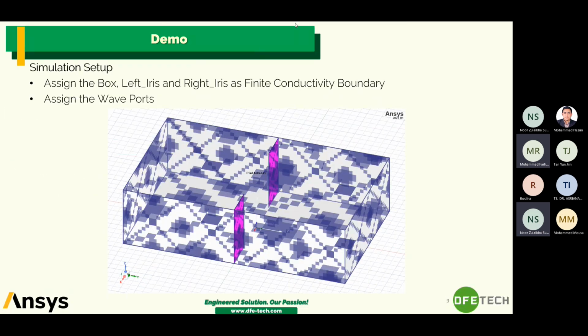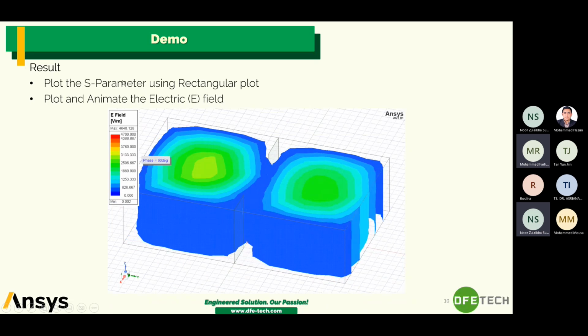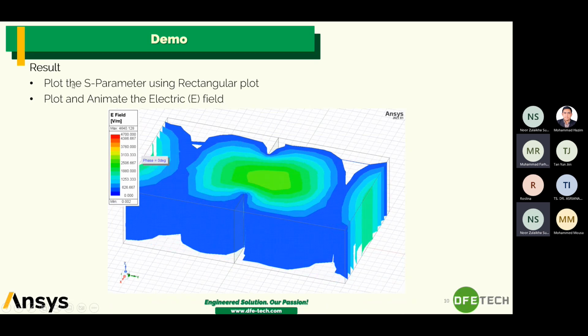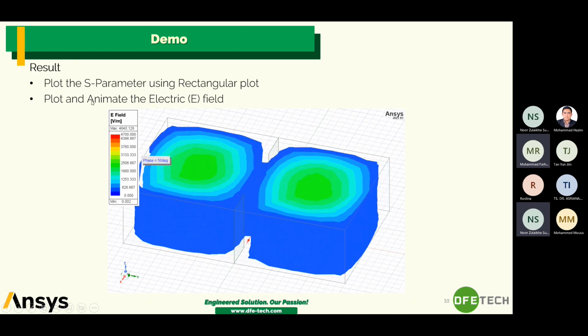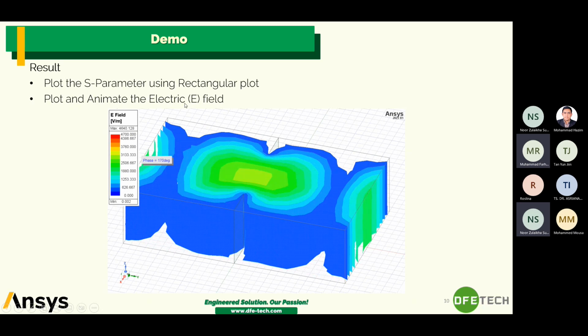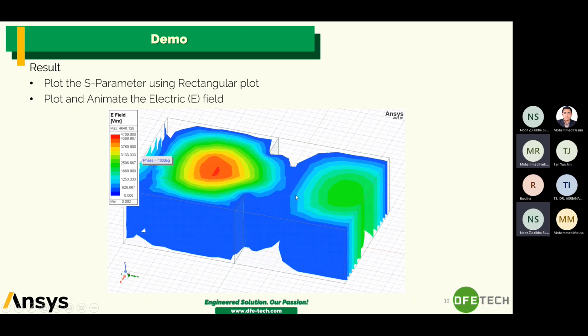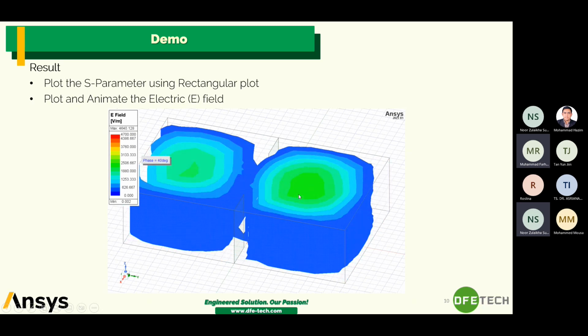After creating the geometry, we go to the simulation setup where we assign the conductive boundary for the box and the left and right iris, and we assign the wave port. Finally, we get the S parameter results of the waveguide filter, and we can also plot and animate the electric field inside the iris waveguide filter.